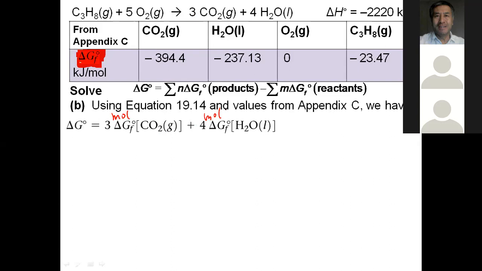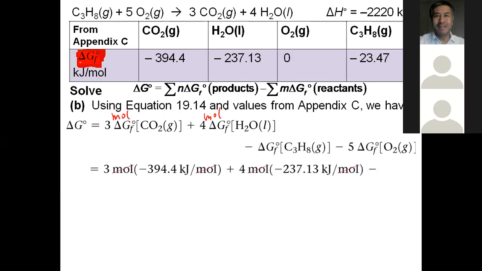Sometimes you will see 3 molecules or 4 molecules, but here we will use moles. By our convention, when we have a coefficient, we have the unit moles. So these moles cancel out with the moles in the given quantity, and we only have kilojoules.